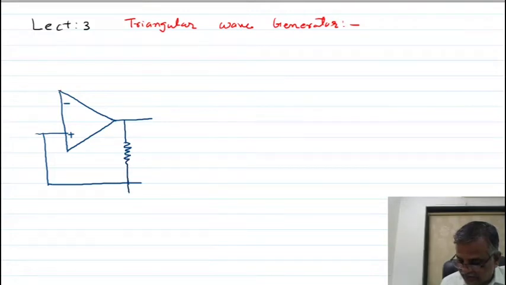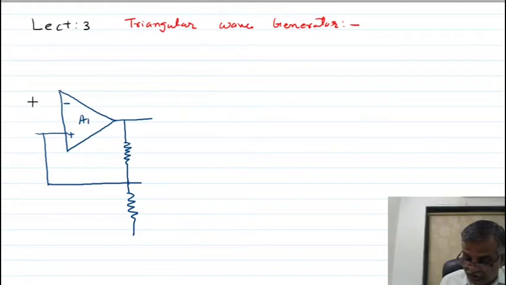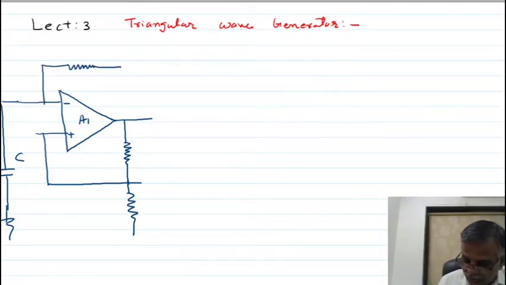Here the first section, this is A1, generates the square wave output, and here this is your capacitor, this is a resistor R. This is the previous circuit I am showing you, this is resistor R1, this is R2, this is R3.